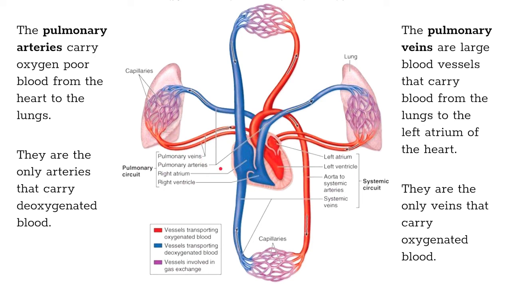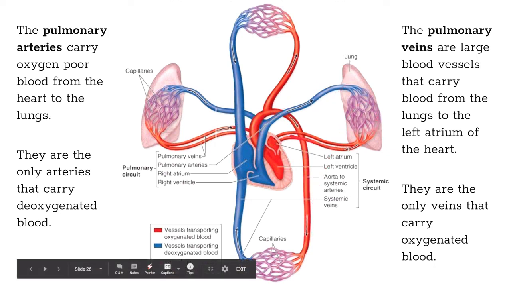They are named as such because of the direction of the blood. Pulmonary arteries, even if they are carrying deoxygenated blood, are called arteries because they are carrying blood away from the heart, just like regular arteries.